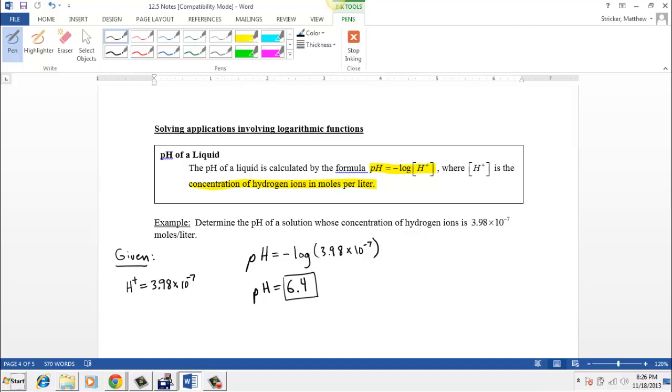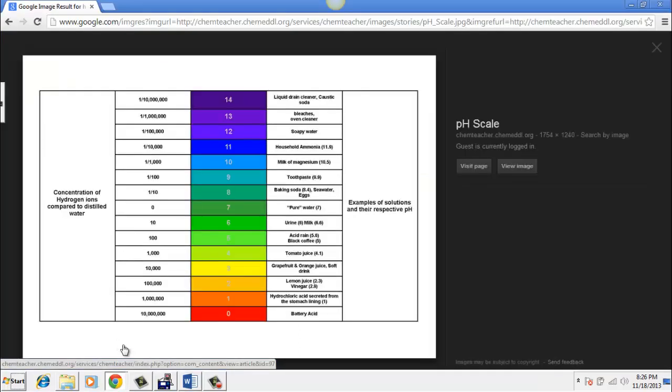I found a pH scale here on the internet, just doing a Google search, and what we see here is that pure water, that's when pH is 7, that's neutral. Anything above 7, 8, 9, 10, all this stuff in this range is considered basic. And then stuff below 7 is considered acidic, battery acid being the most acidic.